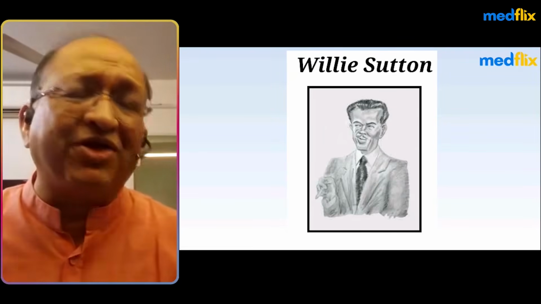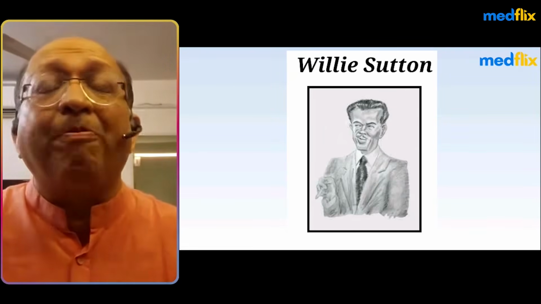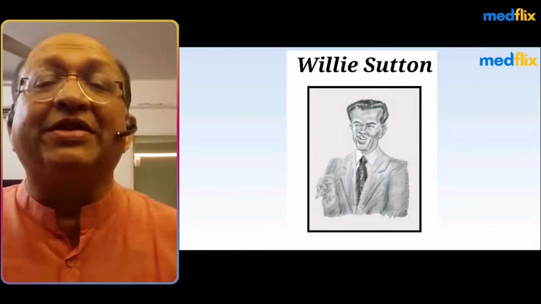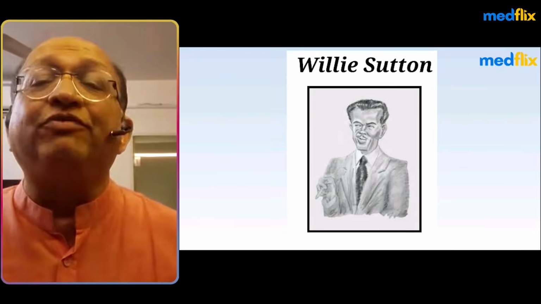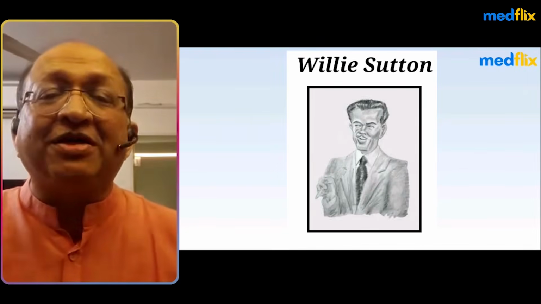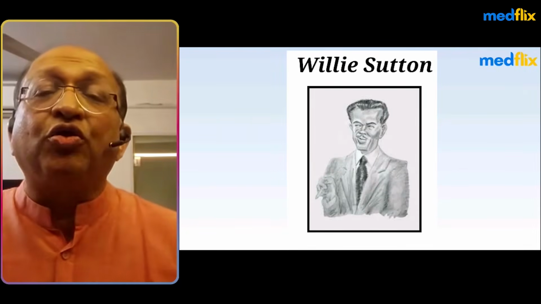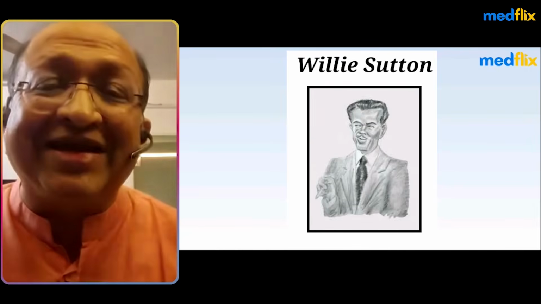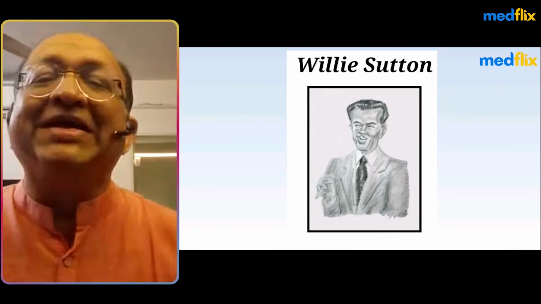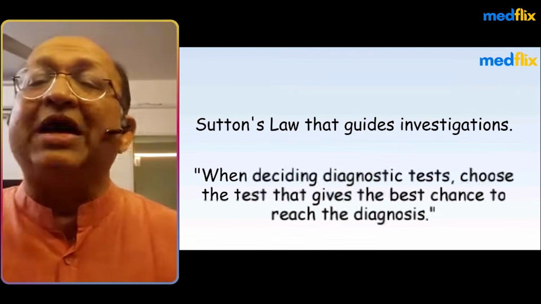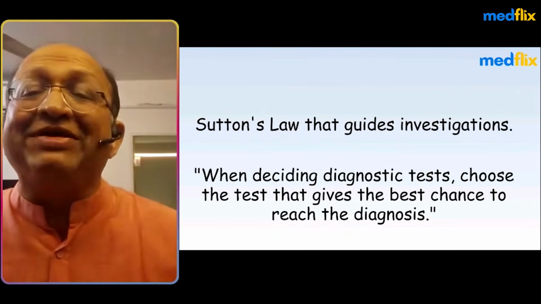There are cameras, there is security. He said, I rob banks because that is where the money is. You in medicine have to follow this man. Sutton's law says that go to the investigation which will yield you the diagnosis. Go where the money is. So this is our Sutton's law that guides investigations.